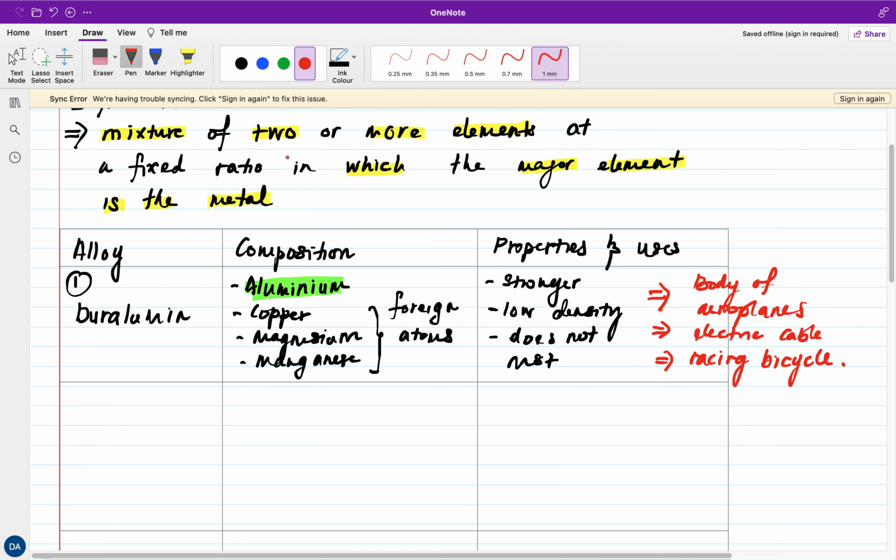So you can see the properties actually suit the uses of the alloy itself. For example, body of aeroplane, we need something which is stronger, at the same time low density. So when you add the foreign particles in aluminium, not only does it not rust, it is low density, yet it is stronger.